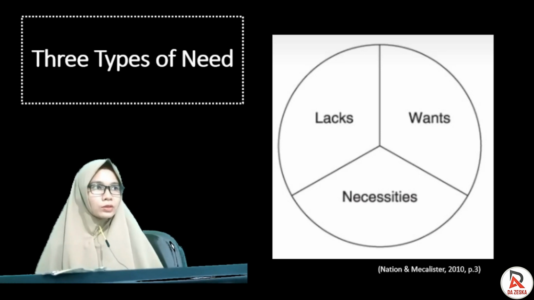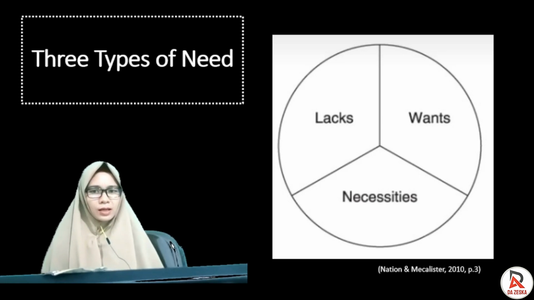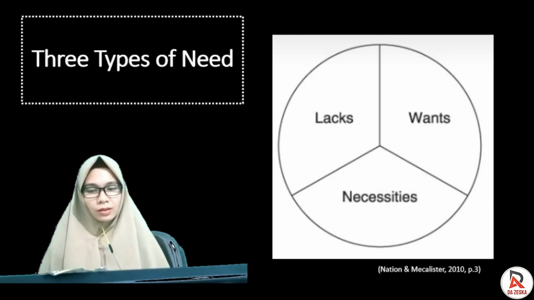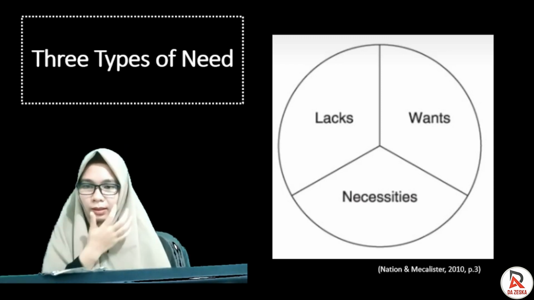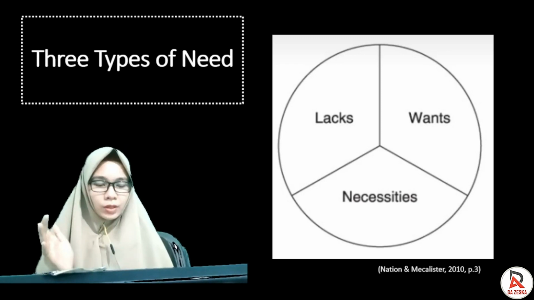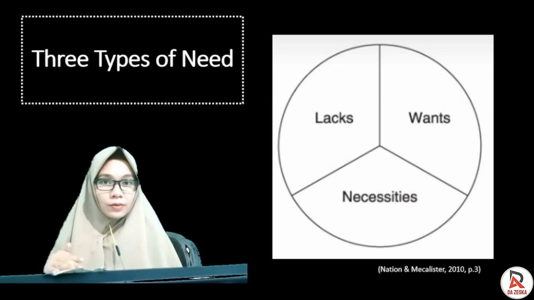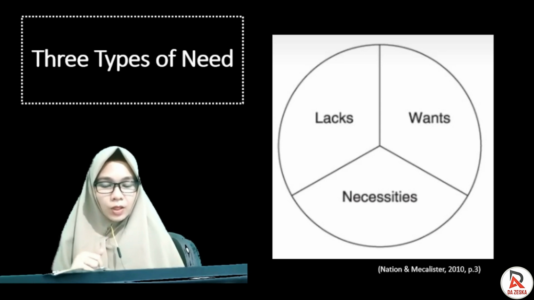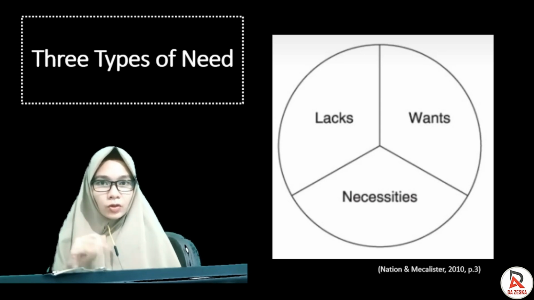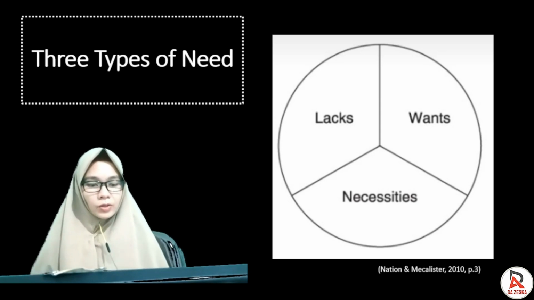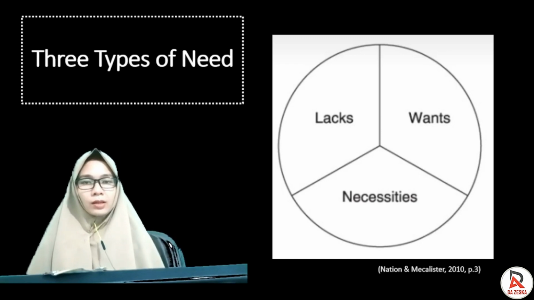So you will not find the words needs taxonomy, or needs analysis in the introductory chapter. If I'm not mistaken, it is just called three types of needs. That's on page 3. If you want to check your book, Nation and Macalister, 2010, page 3.